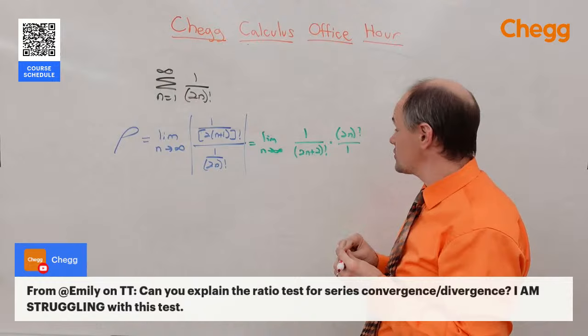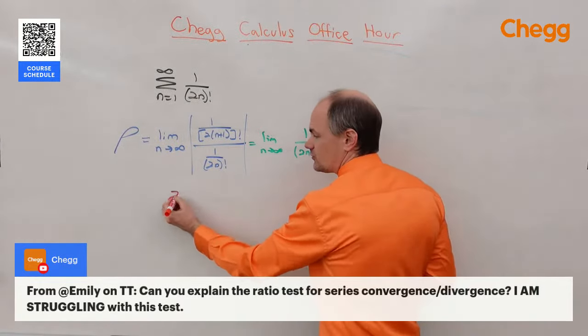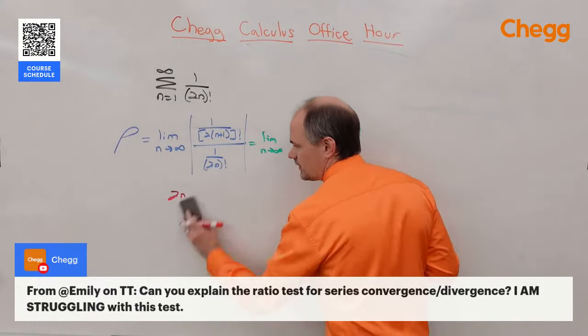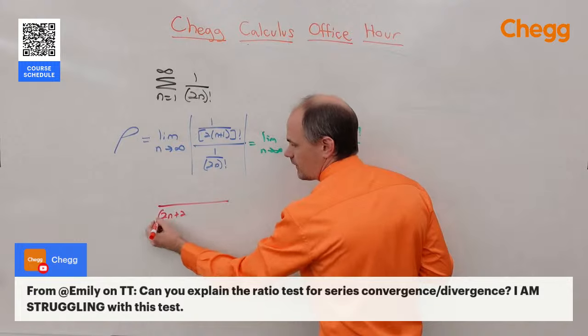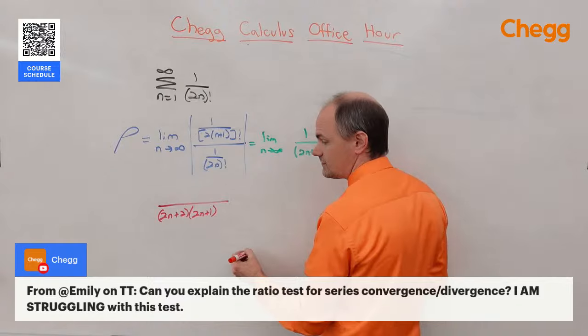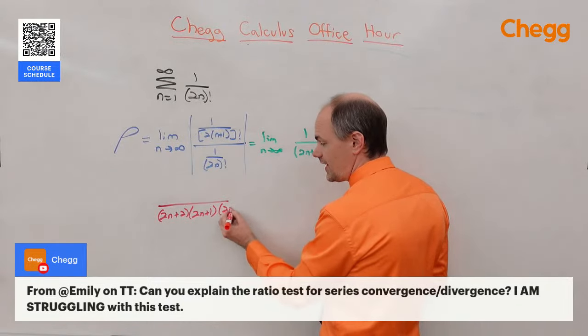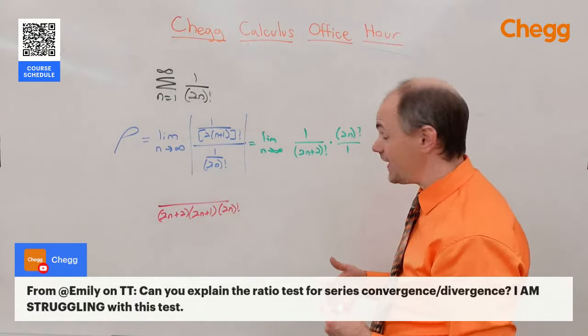It's very predictable, which is why the ratio test is so nice. So we're going to have 2n plus 2 in the denominator, multiplied by 1 less, which is 2n plus 1, and then multiplied by 1 less, which is 2n, and that's going to count down factorial all the way.